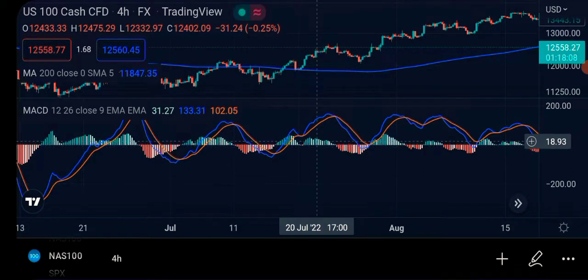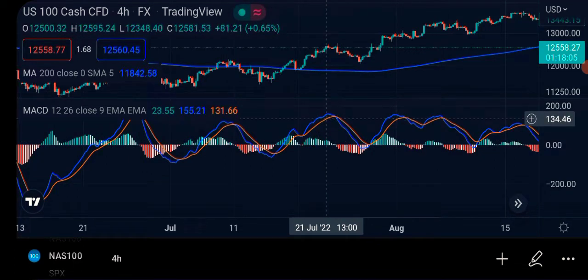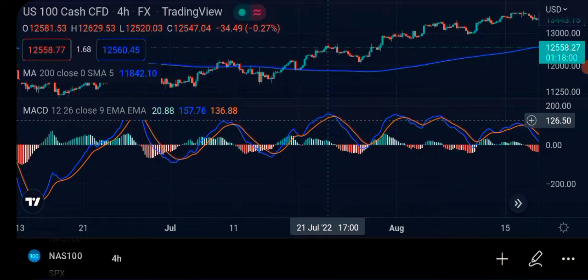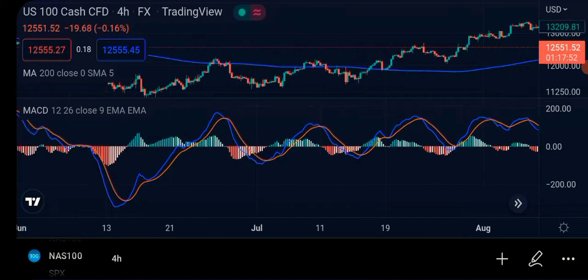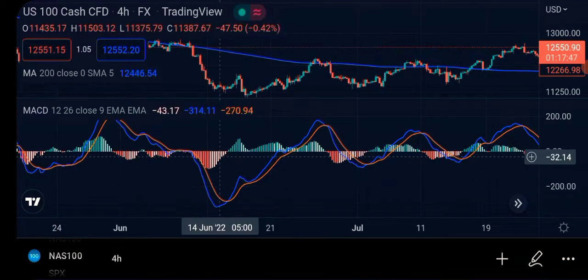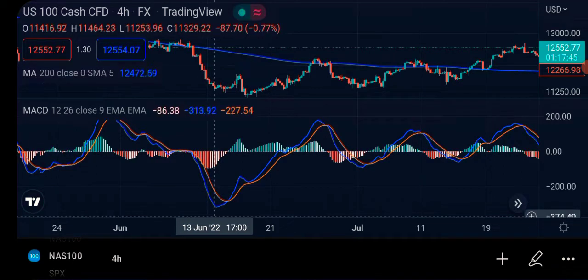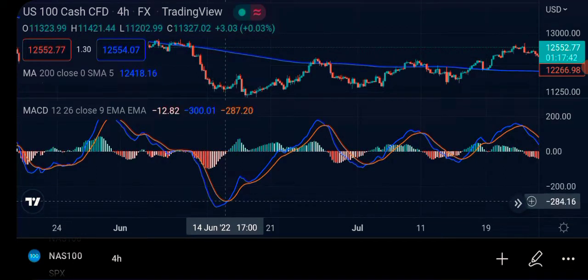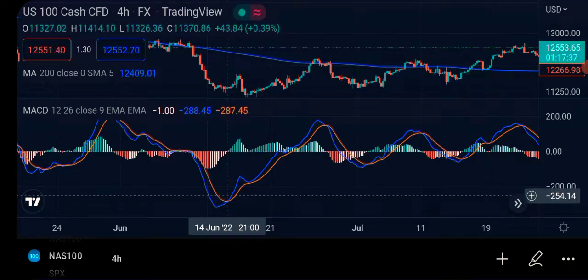Whenever it crosses above the zero level, it means the market is giving an uptrend or going towards an uptrend. But whenever it crosses below the zero level, you can see it crosses here, it means there's going to be a downtrend in the markets.